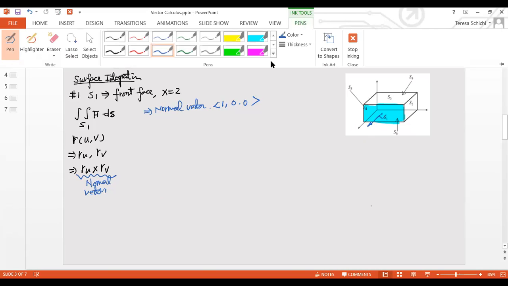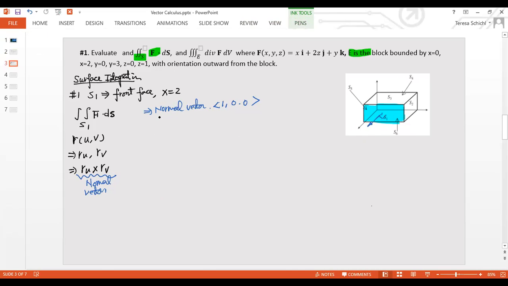Now I can integrate that. My field F is (x, 2z, y). So I can rewrite this as the integral over S1 of F dot the normal vector dS.